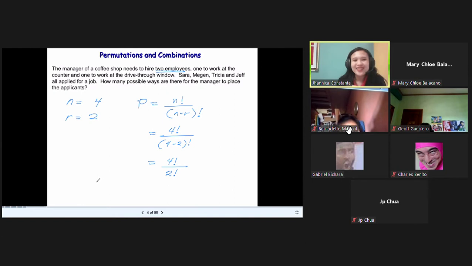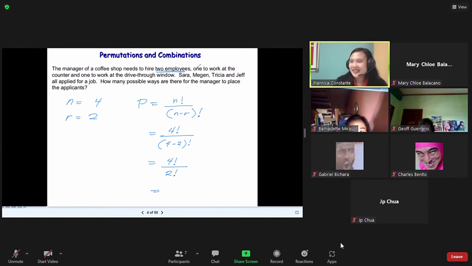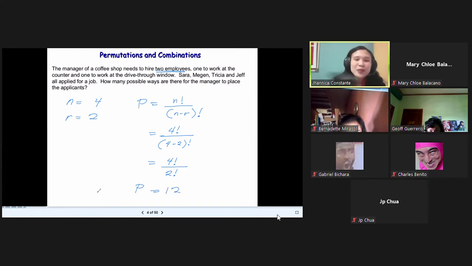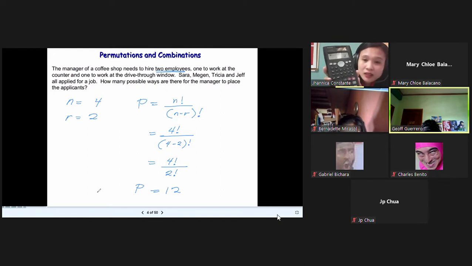So you will have 4P2, the answer for permutation, which is equal to 12. Parehas ba tayo ng sagot? 12 ang lumabas sa calculator nyo for the permutation. Teacher, where do I find that? You press first 4. Si 4 muna ang ipipress. May nPr ka dyan. Do you have nPr?